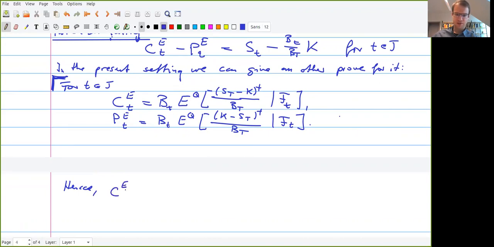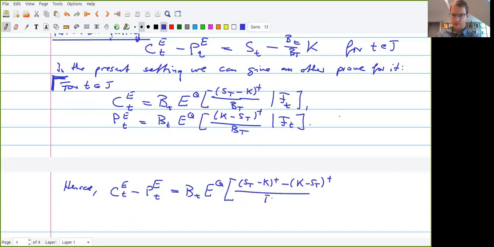If I consider the difference of the price of the European call option at time t and the price of the European put option at time t, this is B_t multiplied with the conditional expectation under Q of the difference of these two payoff functions, the call one minus the put one, divided by the discounting factor B_T, given F_t.